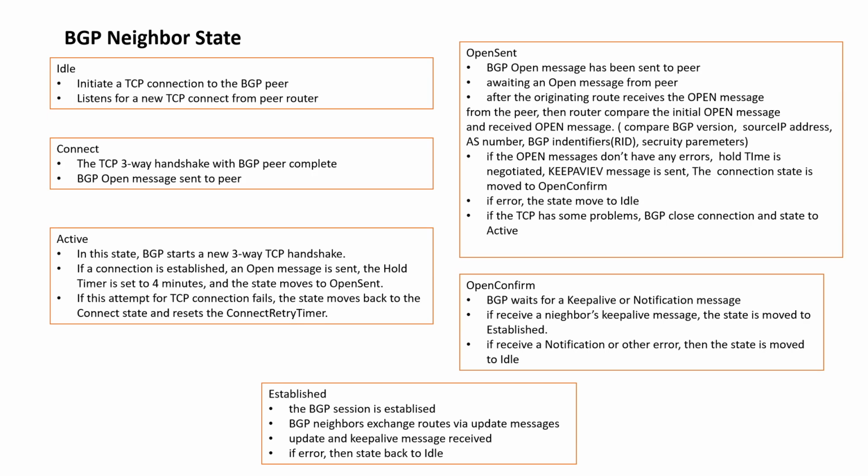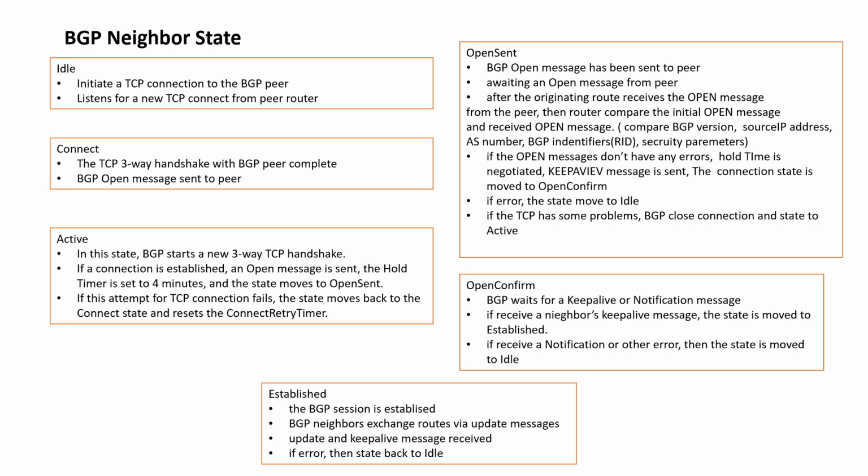In this state, BGP starts a new three-way TCP handshake. If the connection is established, an open message is sent, the hold timer is set to 4 minutes, and the state moves to open sent. If the attempt for the TCP connection fails, the state moves back to connect and resets the connect retry timer.